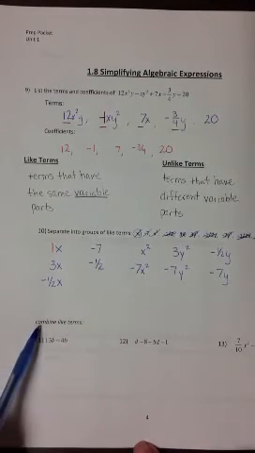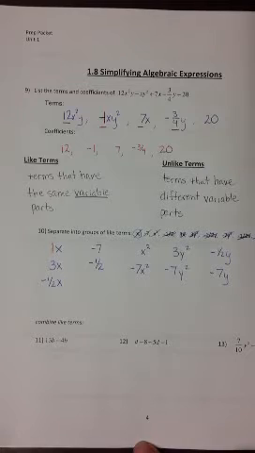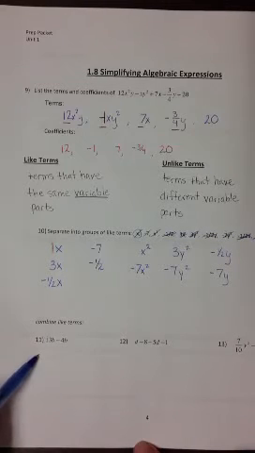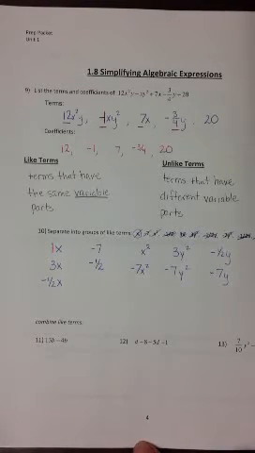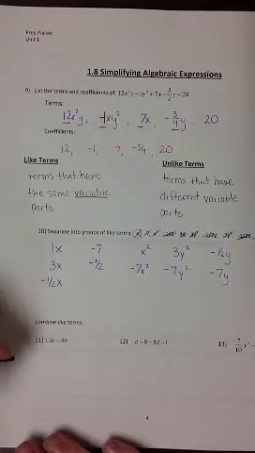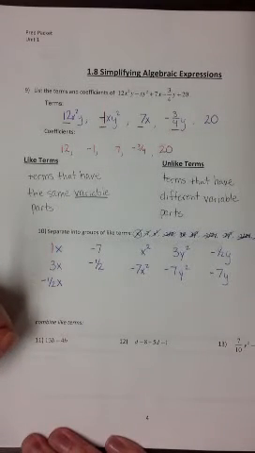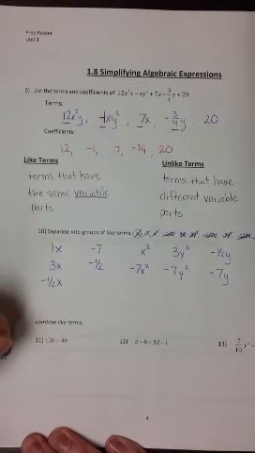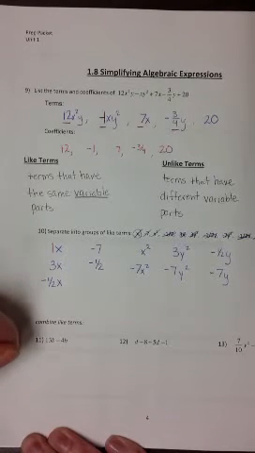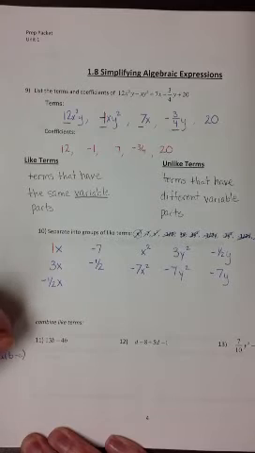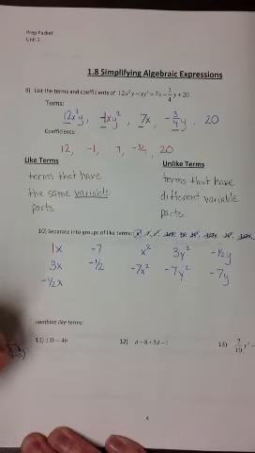Now let's talk about how those terms can be combined. Some people like to think of this as using the distributive property in reverse. So if you remember, the distributive property said if you have a number on the outside that's being multiplied by two different numbers on the inside, you can distribute it to each one.